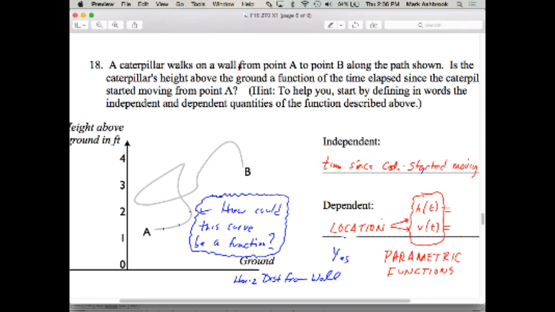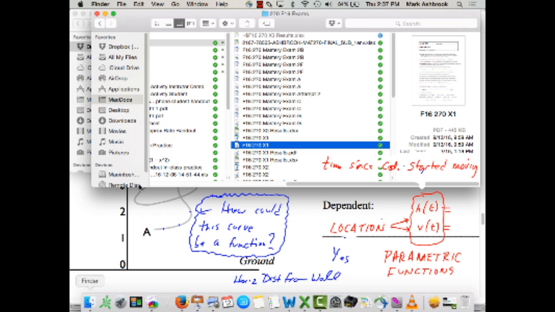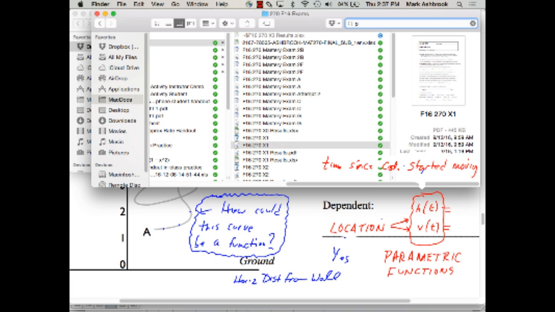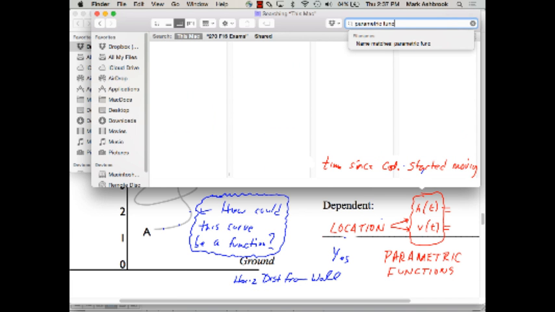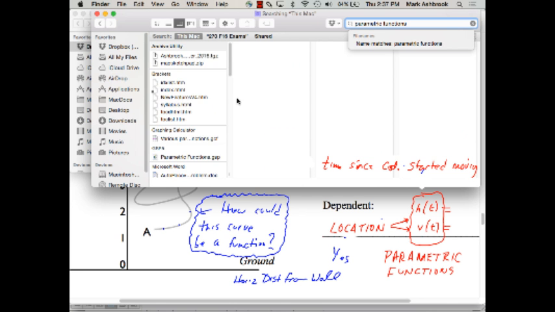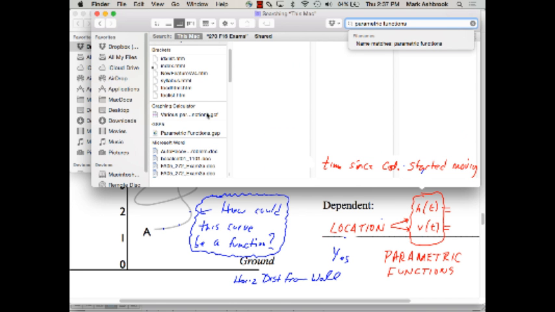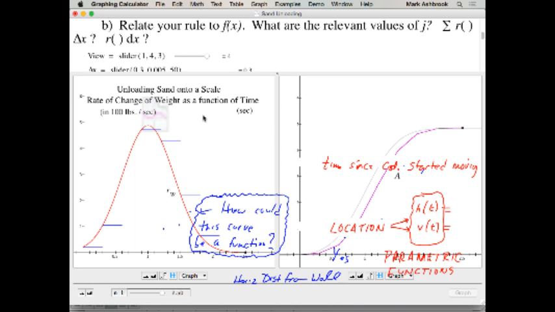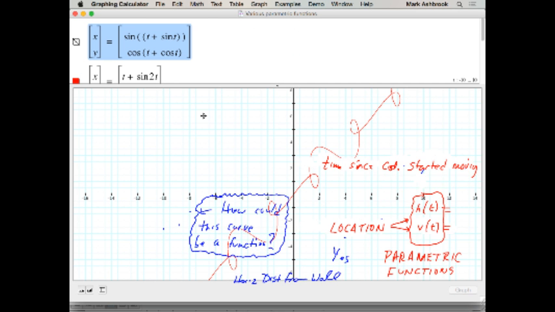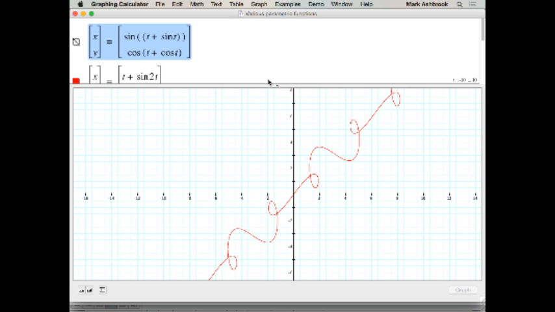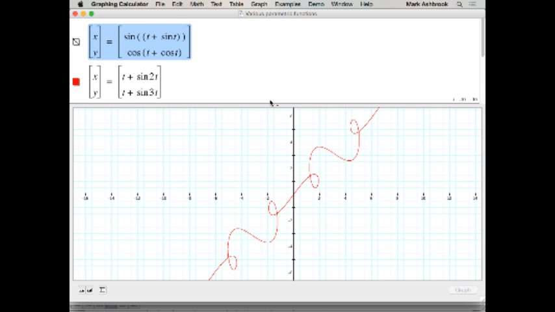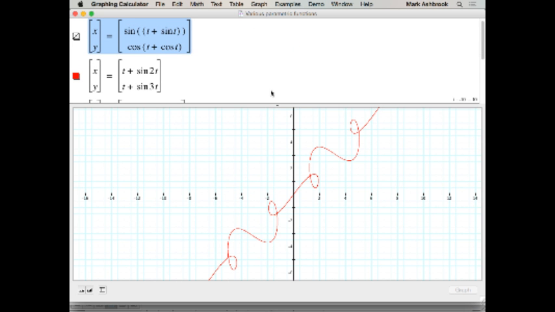Okay, so this allows for how about that one? So this is a crazy function, right?